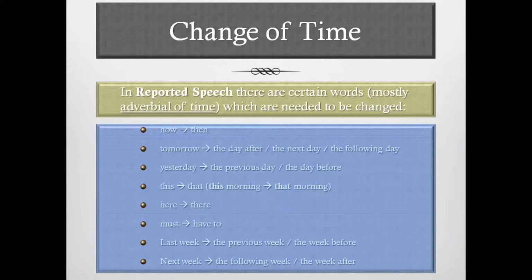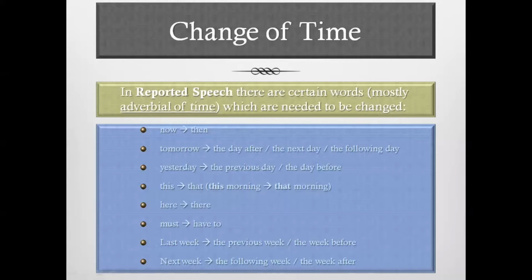Now, in reported speech, there are certain words, mostly the adverbial of time, which need to be changed. First, now is changed into then. Tomorrow changes into the day after or the next day or the following day.